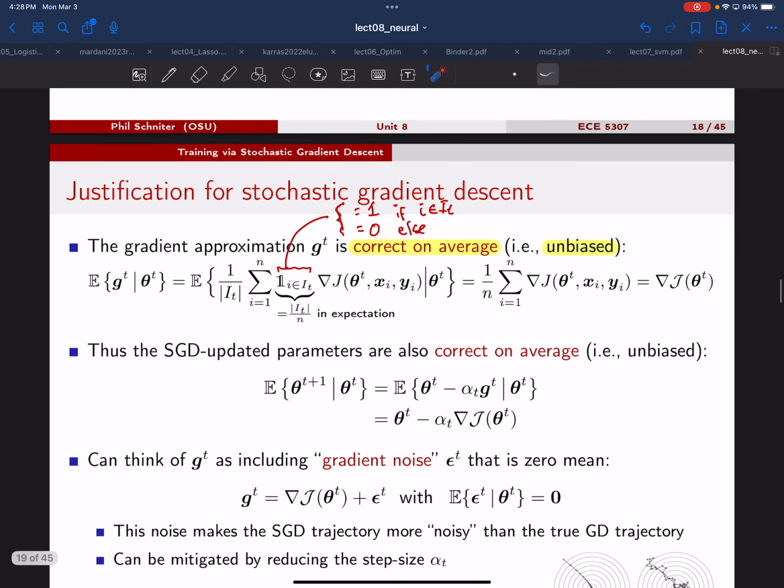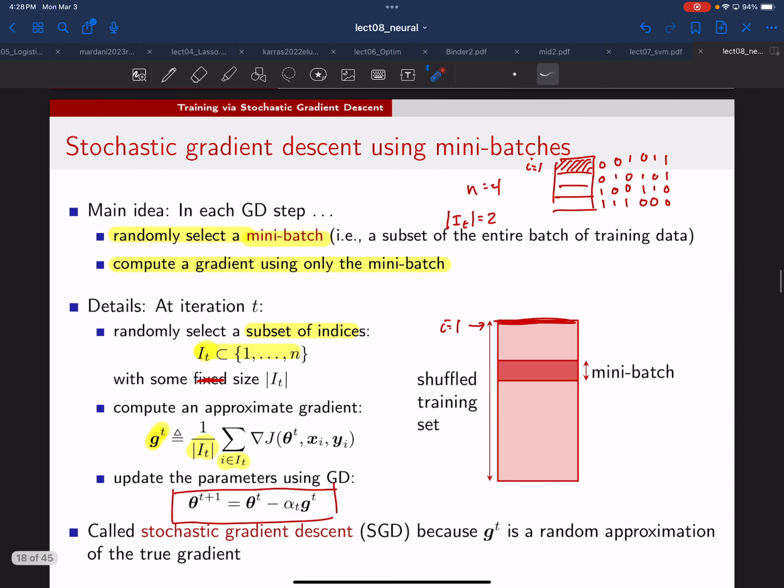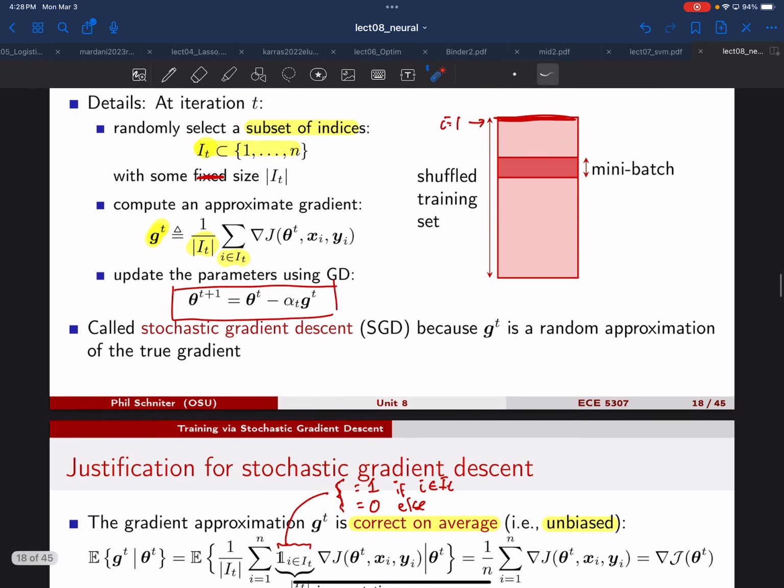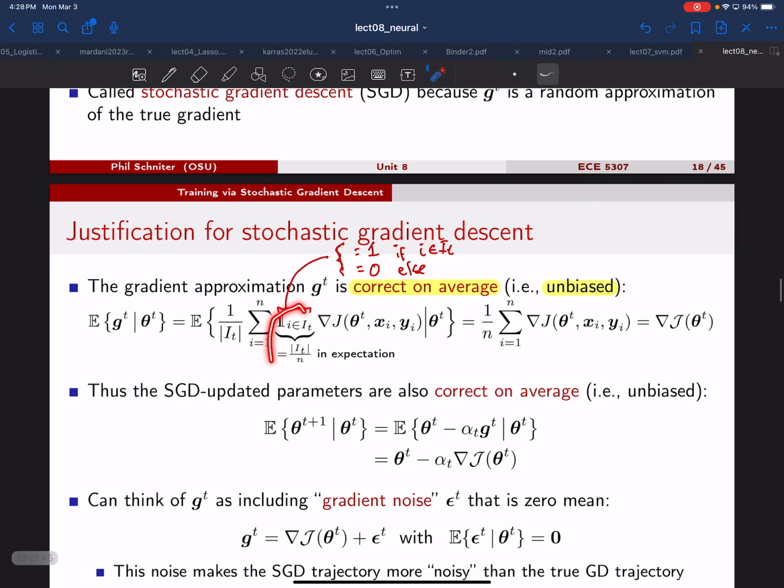Okay. So at the end of the day, when you look at the average value of whether a sample is in the subset or not, it's just going to be the size of the subset divided by n.